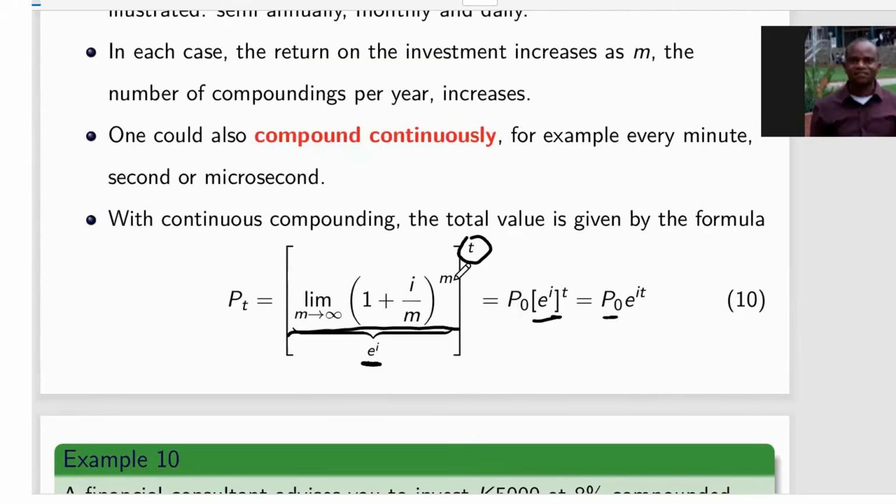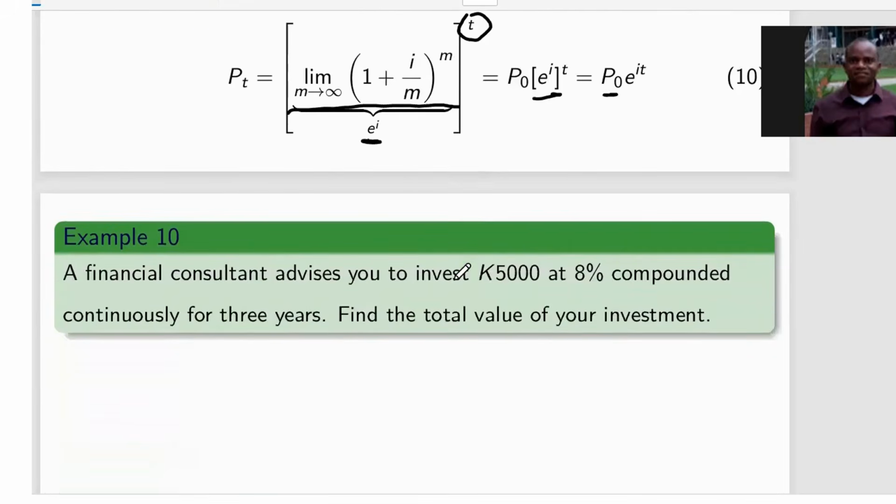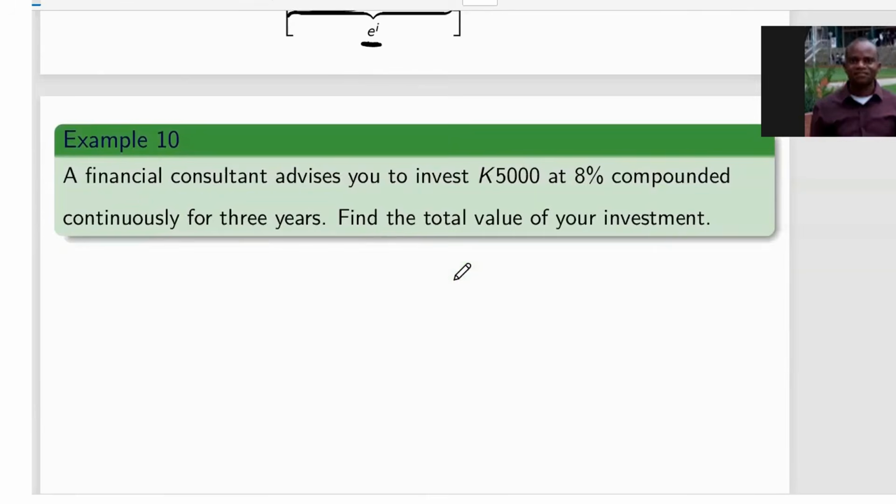So to put this into proper context, let us look at an example, and we're going to solve example number 10. Example 10 says, a financial consultant advises you to invest 5,000 at 8% compounded continuously for 3 years. Find the total value of your investment. What information do we have here?